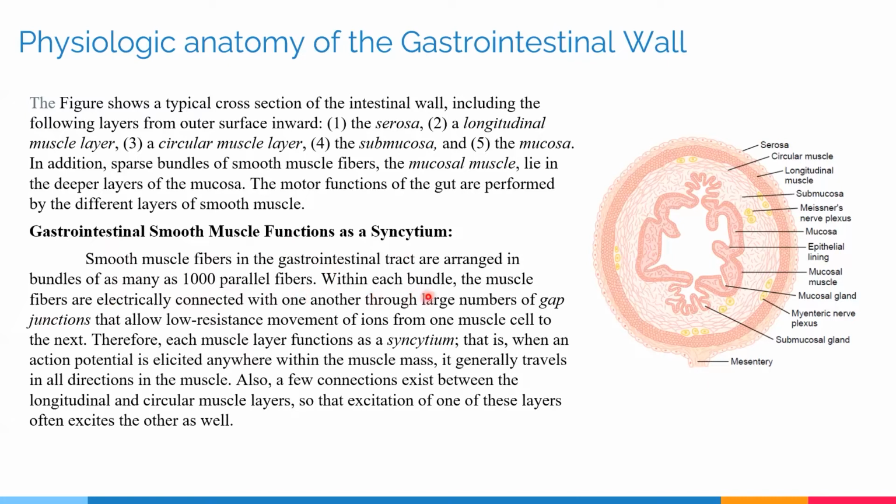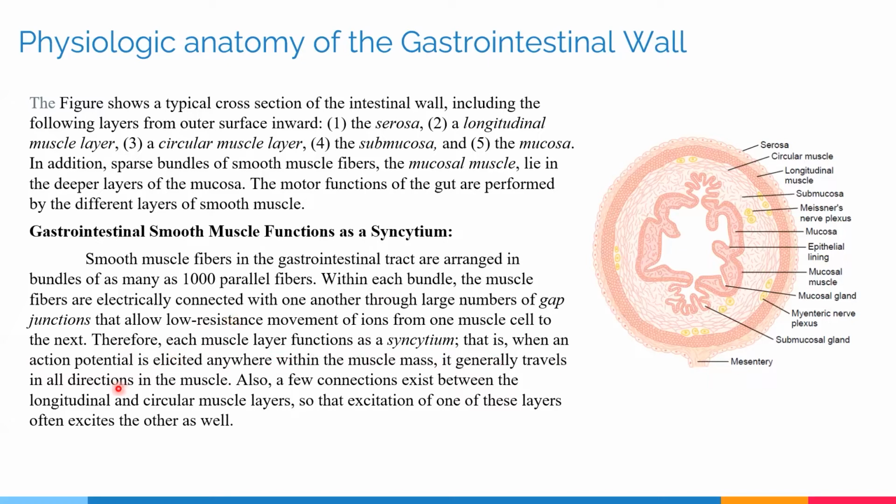Within each bundle, the muscle fibers are electrically connected with one another through a large number of gap junctions that allow low resistance movement of ions from one muscle cell to the next. Therefore, each muscle layer functions as a syncytium.